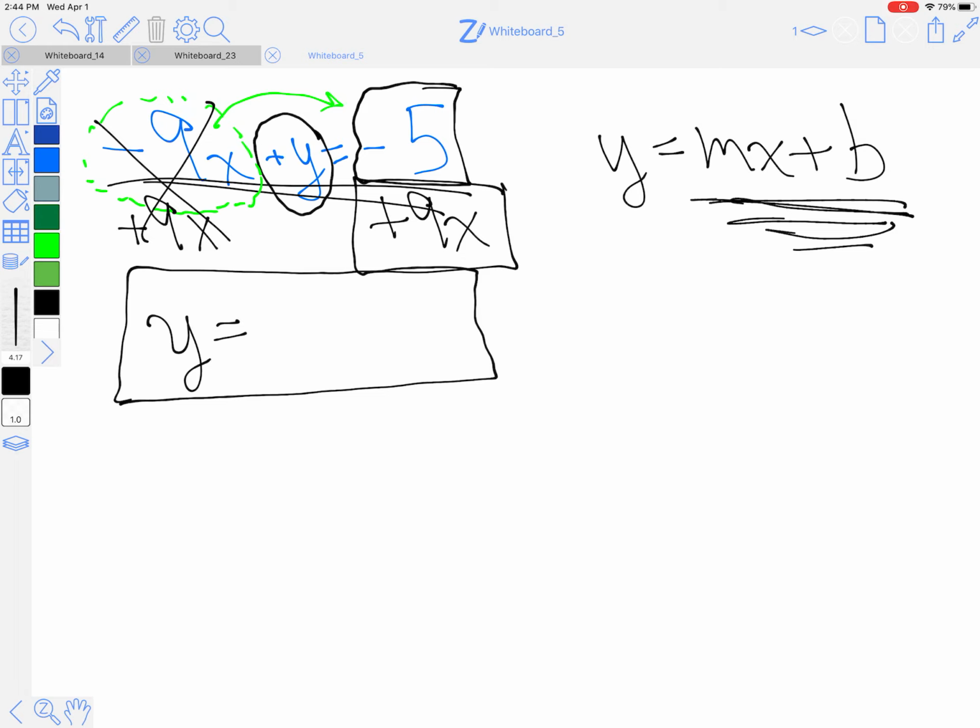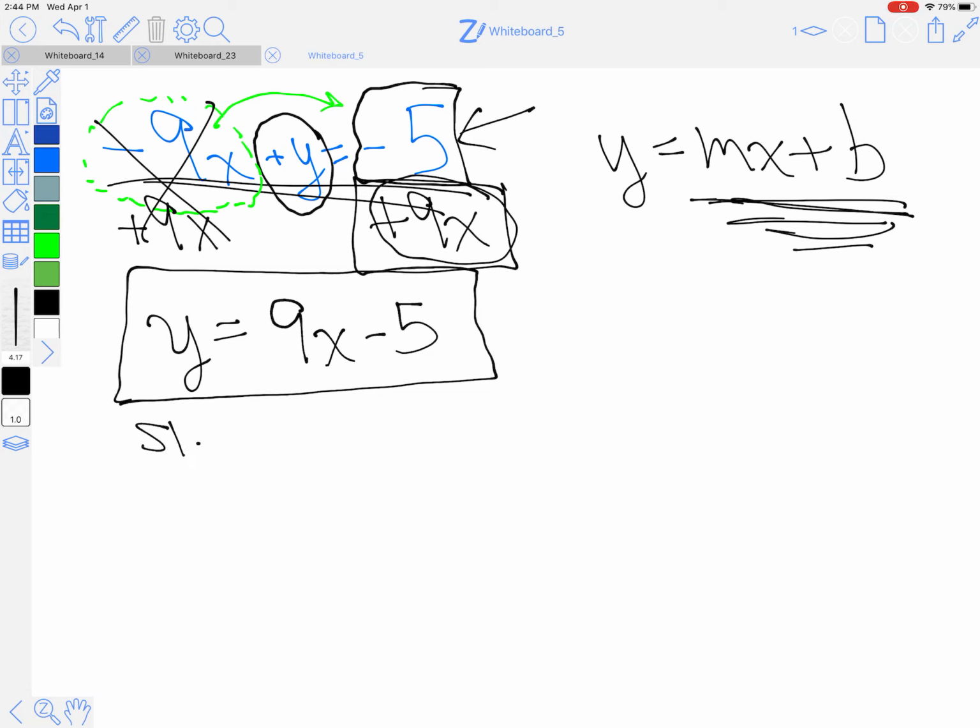I want the x part to come first and then the other number to come last. So that means I'm going to take this positive 9x, and that number is going to go first. And then, what do I have remaining? I still have this negative 5.